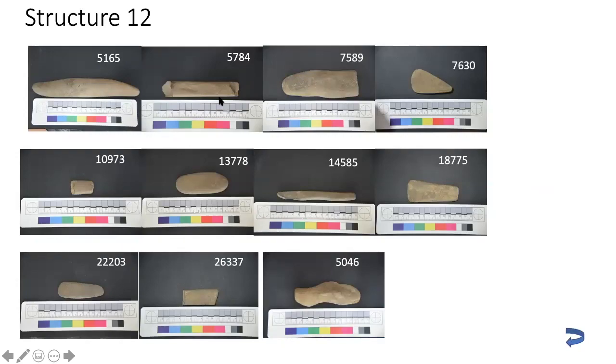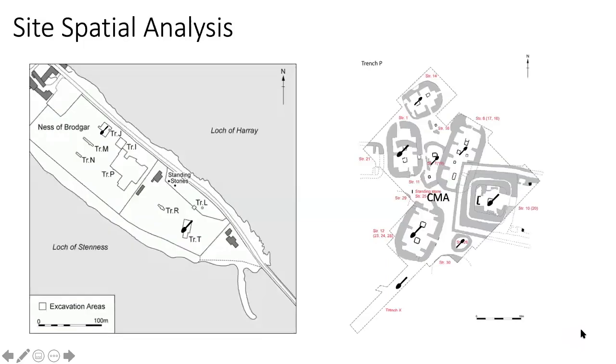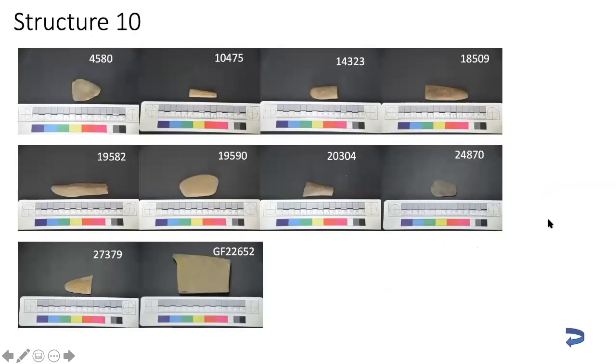And we got some cobbles, some handle shapes. This nice one that we looked at the other day and a little bit closer, and some pebble and cobble shaped. And look at structure 10. Once again, a little bit of a variety. Here's a broken spoon-shaped one.